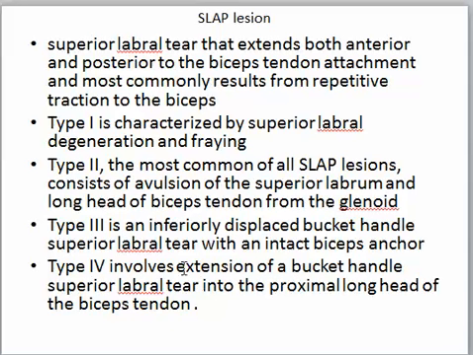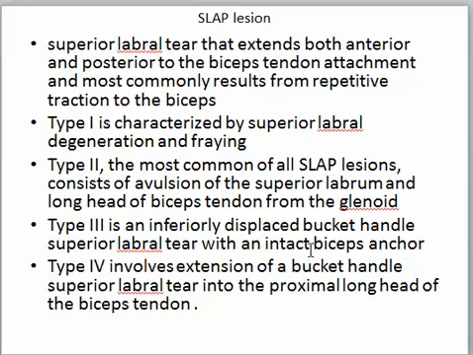So to summarize, SLAP lesion number 1 is a tear of the superior labrum. SLAP lesion number 2 is a tear of the superior labrum with involvement of the biceps tendon attachment of the glenoid. Number 3 is inferior displacement. The first two are without apparent displacement, but once displaced, there is displacement of the labrum only.